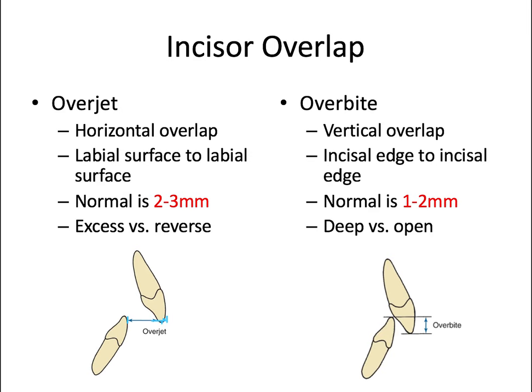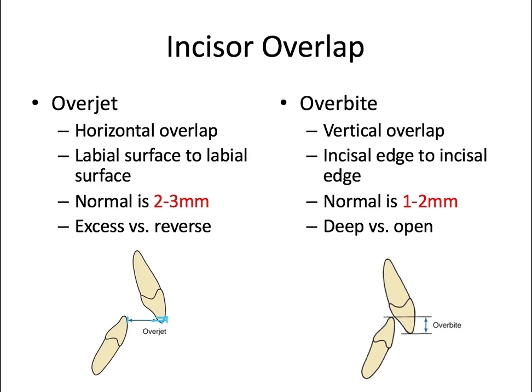So normally the upper incisors overlap the lower incisors just by the thickness of their incisal edge. So if the upper incisor is coupled with or butting up right against this lower incisor as it should, they're contacting each other, the overjet should be about 2 to 3 millimeters, which is just this thickness of the upper incisal edge.